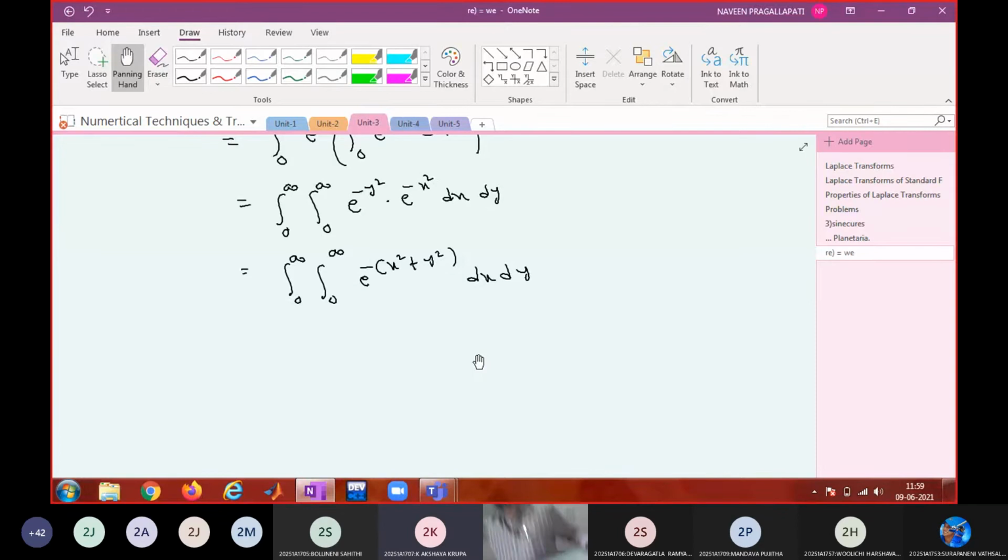Now how do you evaluate a double integral? We have learned various methods to find a double integral. What is the region of integration? Can you tell me?